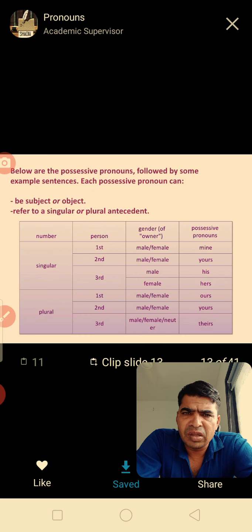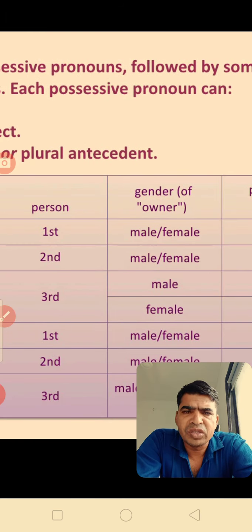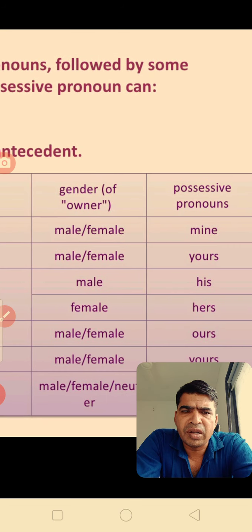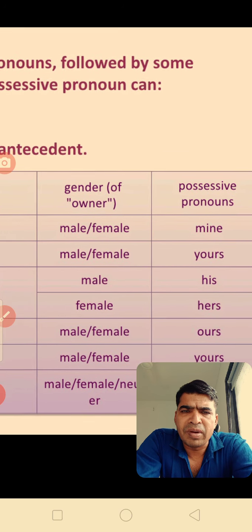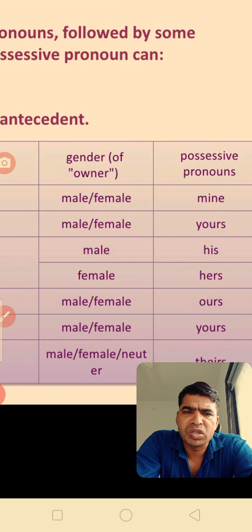Now we will see the possessive pronouns followed by some examples. Singular, first person, possessive pronoun mine. Second person, yours.